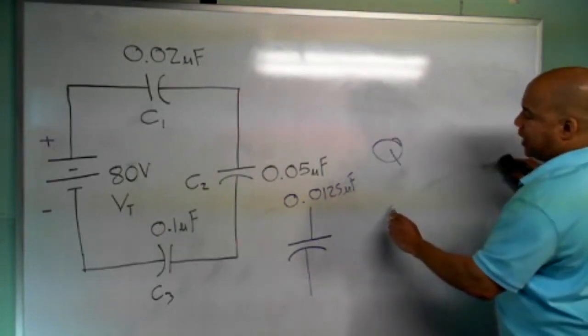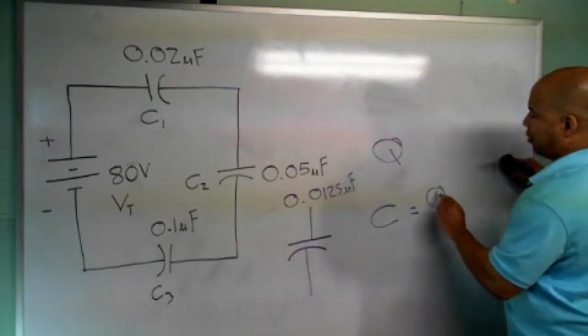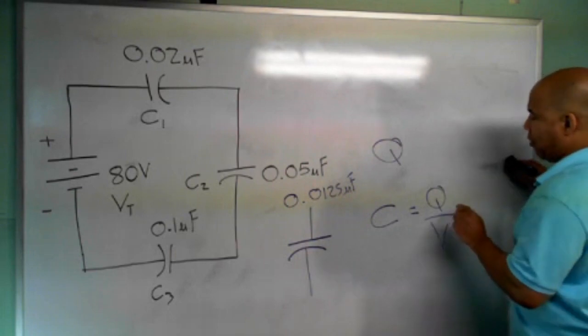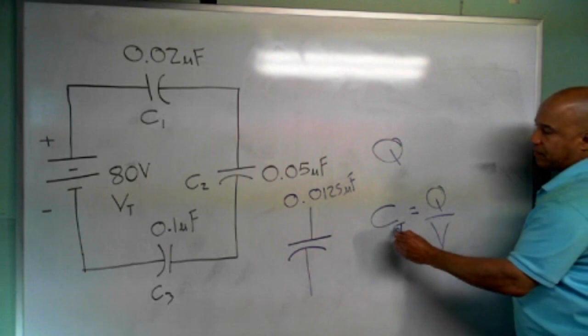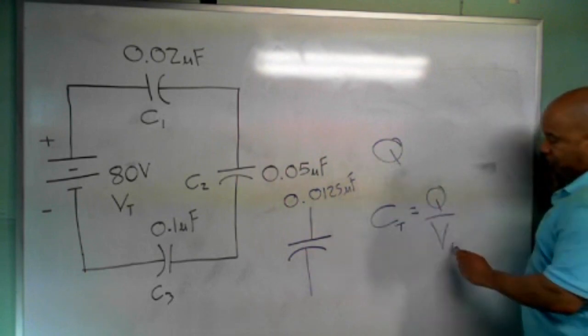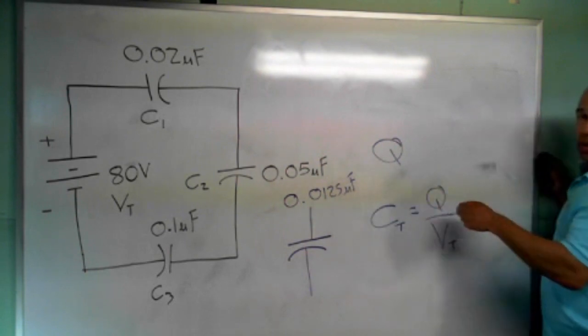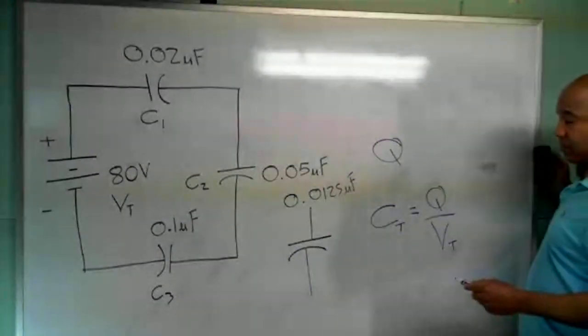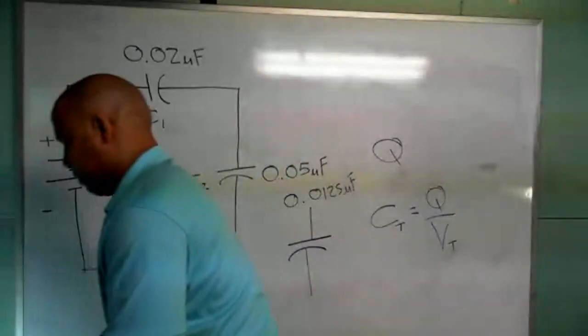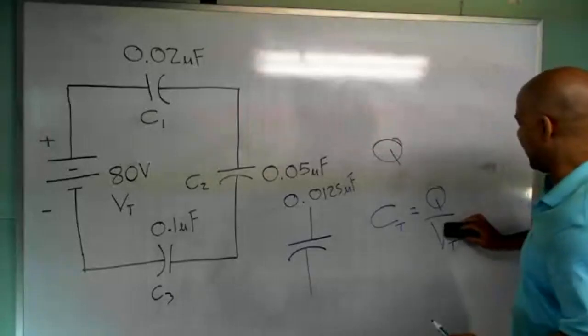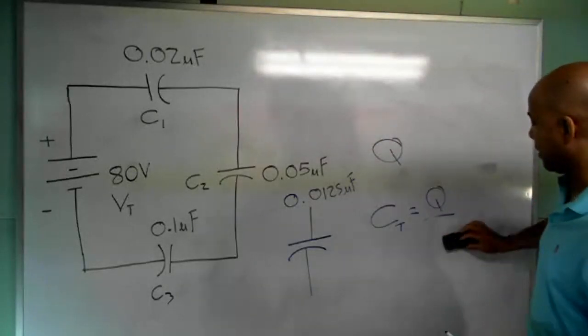Here's what I'm going to use, the equation C equals Q over V, because what I want is the total charge. If I have the total capacitance and I use that total voltage, then that'll give me the total charge, which is what I want. So go ahead and do that. Let's find the total charge. Huh? I got 1. Okay, so you put 80 here. Yep.